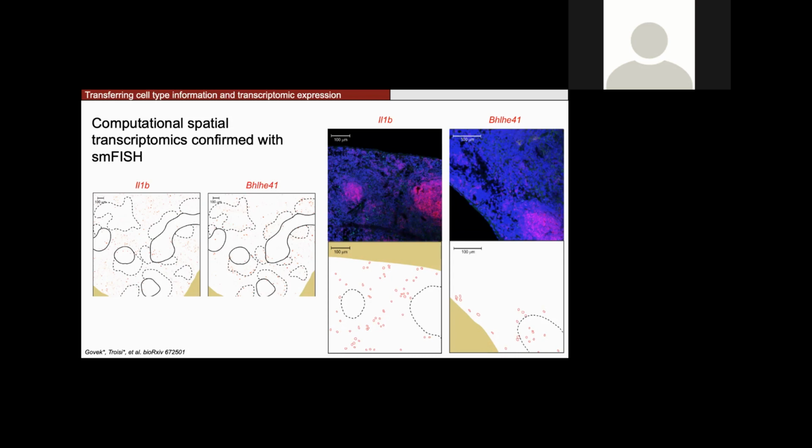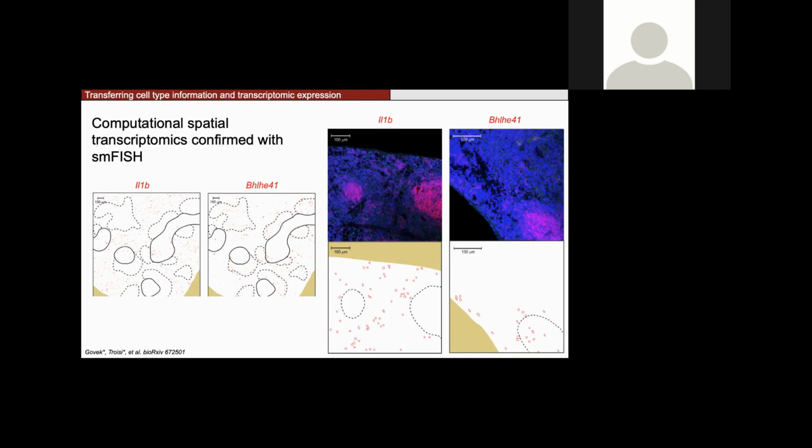We also validated these predictions using single molecule RNA FISH. So on the right-hand side, the upper plots are the actual FISH images. Blue is DAPI, red is CD79, which is a B cell marker, and then the green is our marker of interest.